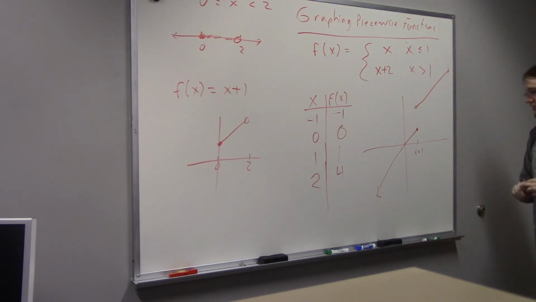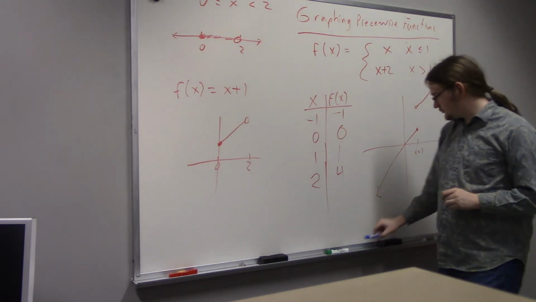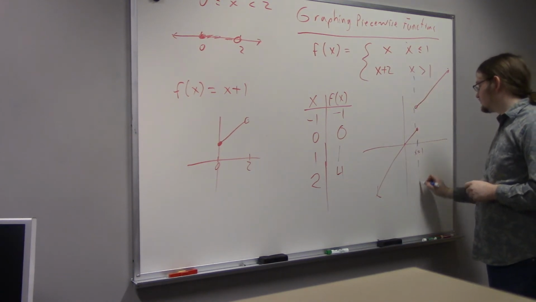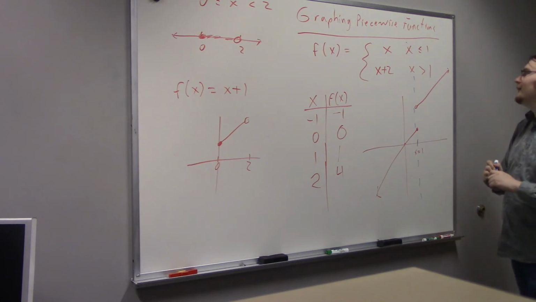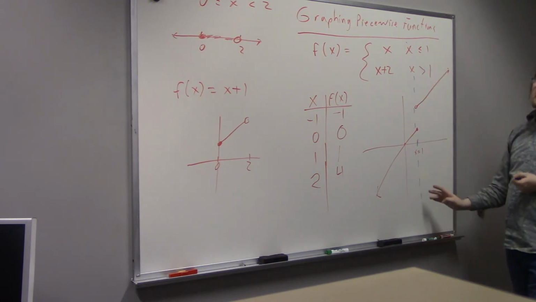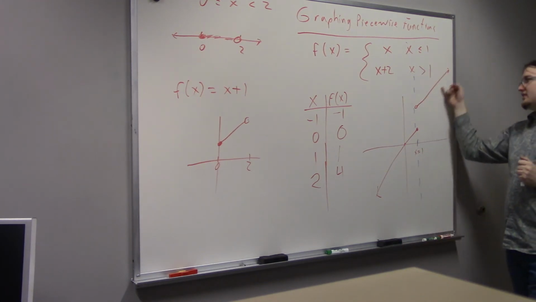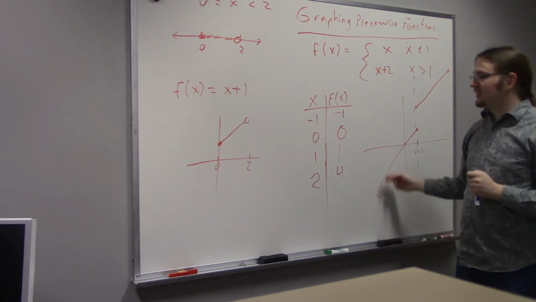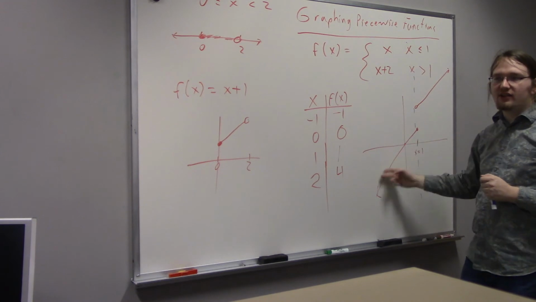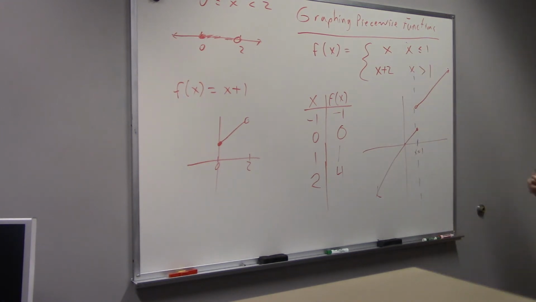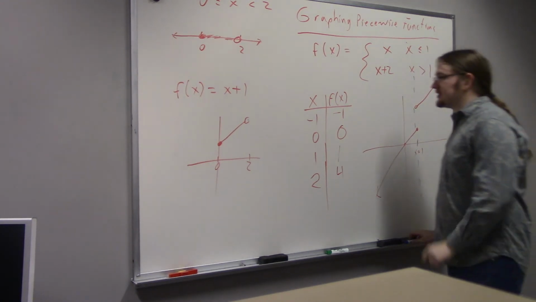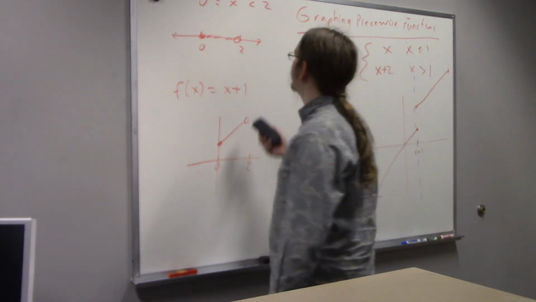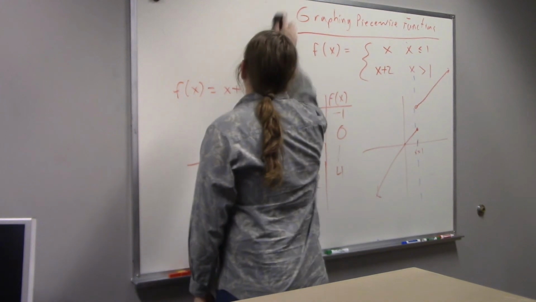Now, when we're looking at this, we can also imagine a dotted line cutting apart our graph, and everything on this side looking like x plus 2, and everything on this side looking like just regular x. It's with this kind of method that we can make our piecewise functions.